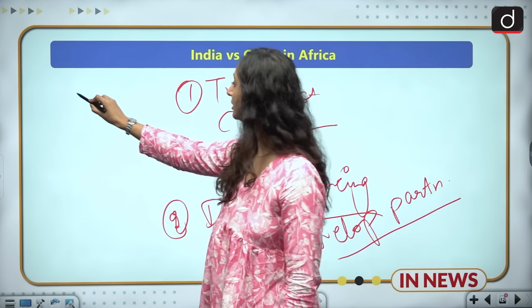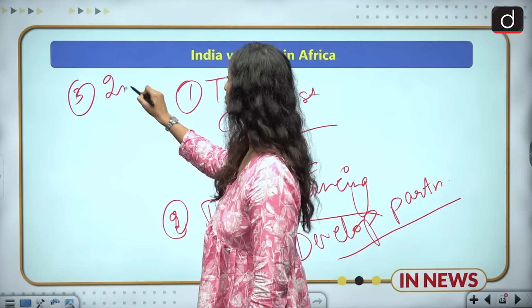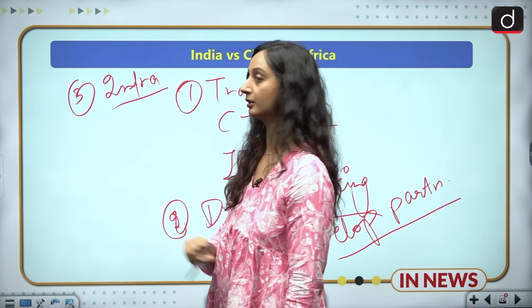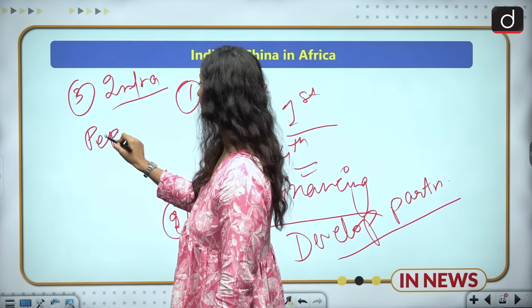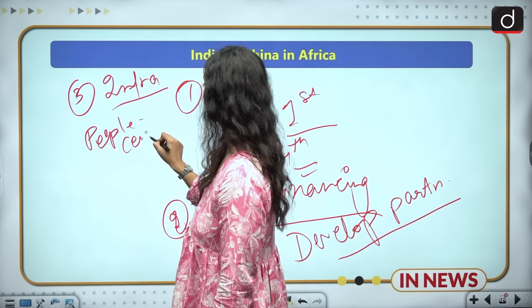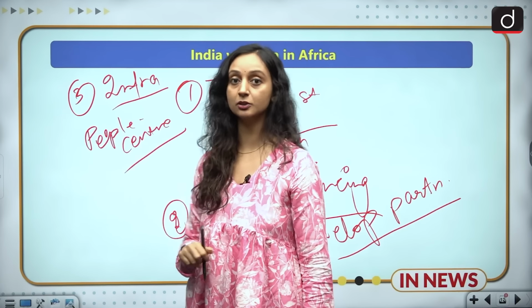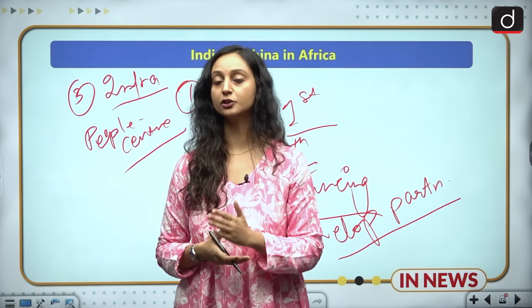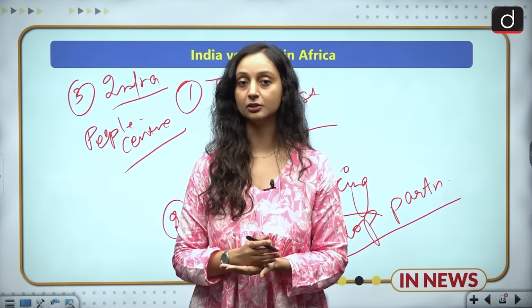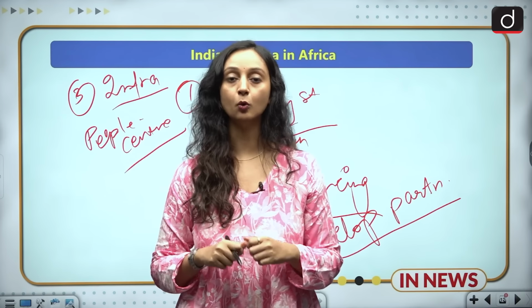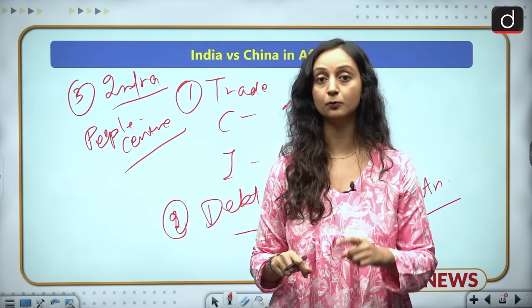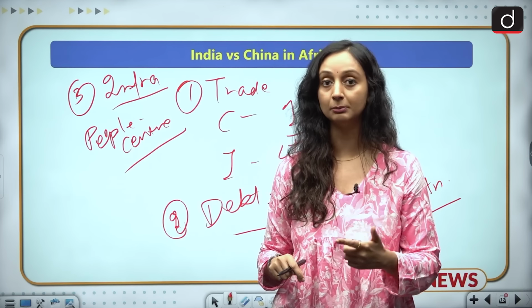China focuses solely on infrastructure-centric growth, whereas India focuses on people-centric growth. In fact, our Prime Minister has also said that the focus of India is on the Africans, on every man, woman and child of Africa. So we're not focusing only on infrastructure-led development, we are focusing on strengthening our people-to-people ties.